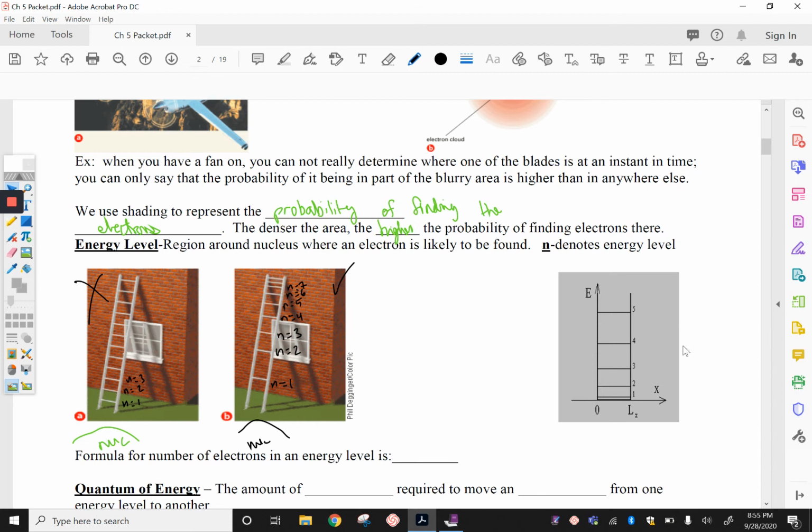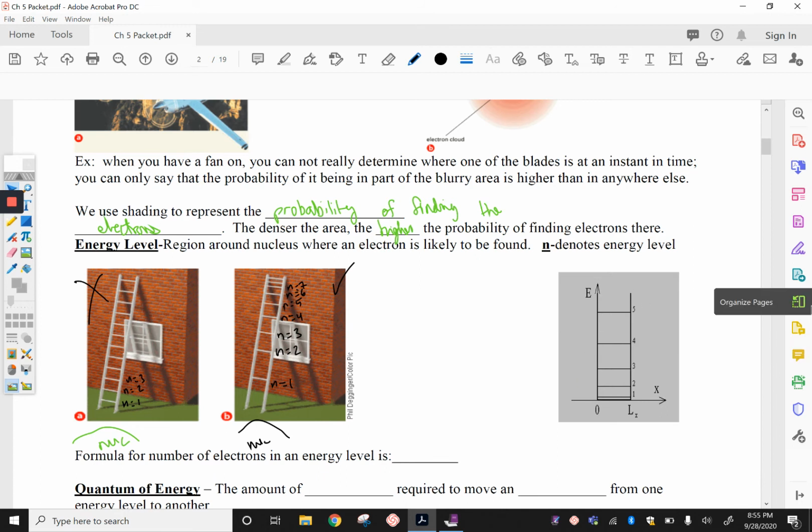I found this picture on the internet and something is wrong with it. I was looking up electron configurations and energy levels and stuff like that, and I found this. You see anything wrong with it? Well, it's kind of backwards. According to this picture, this is the first energy level, second, third, fourth, fifth.